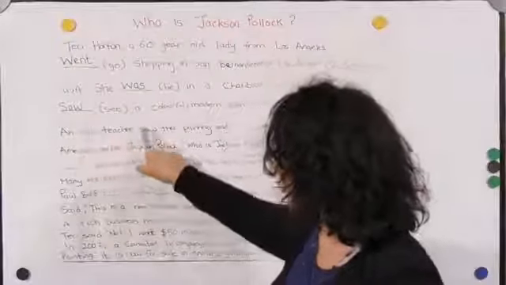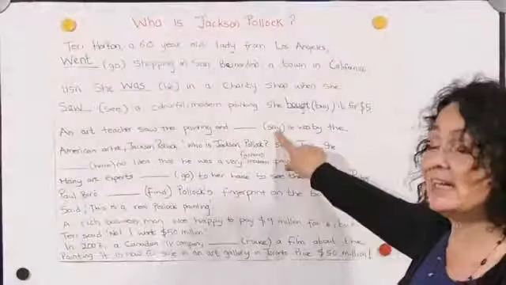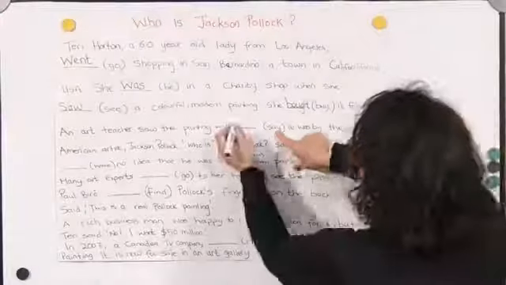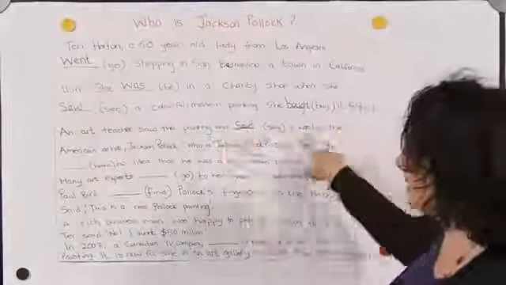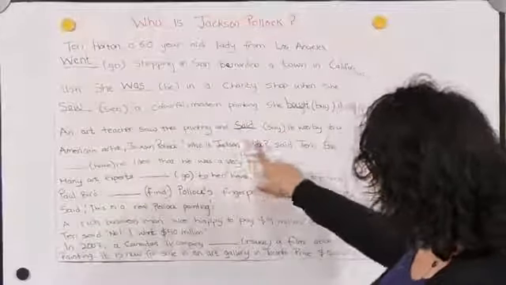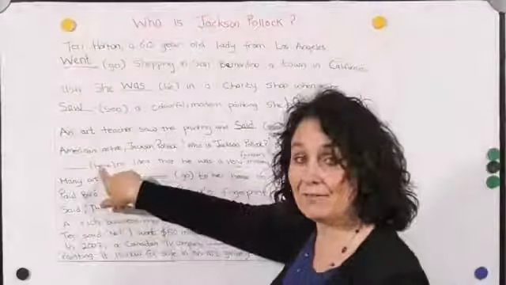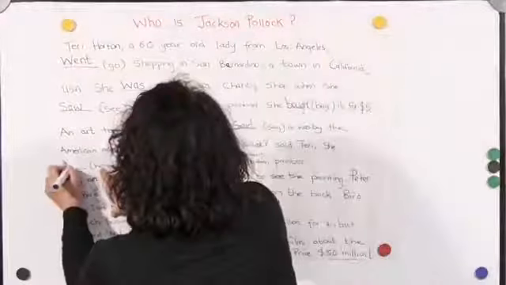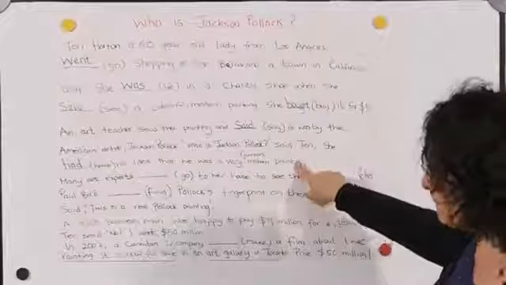An art teacher saw the painting and, so we have the verb say, said. And said, it was by the American artist Jackson Pollock. Who is Jackson Pollock? Said Terry. She, so we have the verb have in the past, had no idea that he was a very famous modern painter.